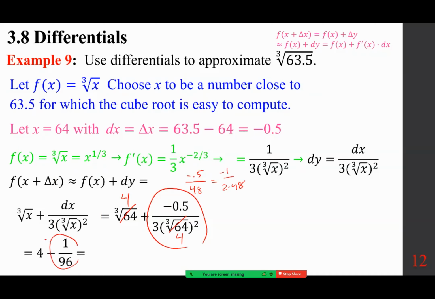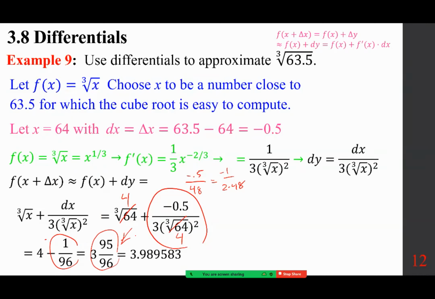So 4 minus 1/96, that means 3 and 95/96. And we can use decimals, in this case, 1, 2, 3, 4, 5, 6 decimals. So this is using differential to get to the answer. For this part, you don't even need a calculator. Then if you want to do the approximation.